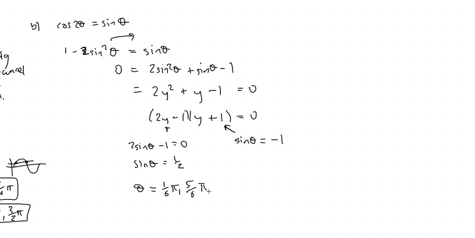And for the negative 1, you can actually see the only place where sine is negative 1 is 3/4 of the way through. That's 2 pi, isn't it? That's pi. That's pi over 2. So it's going to be pi over 2 times 3. So 3/2 pi. And that should be all the solutions.